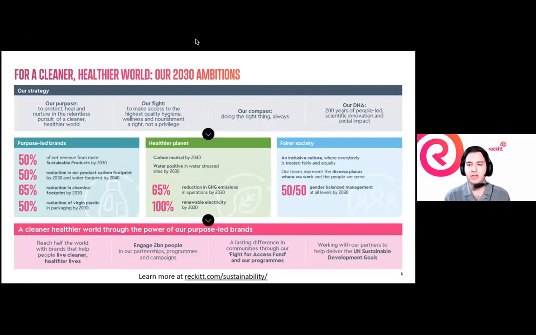So we are committed to ensuring that our products achieve some of these ambitions around our net revenue coming from more sustainable products, carbon footprinting, our use of virgin plastic, but also a reduction in our chemical footprint as well. So we are looking to shift towards better chemistries in our products.